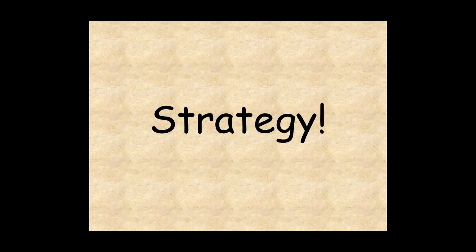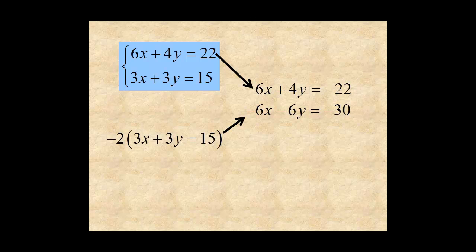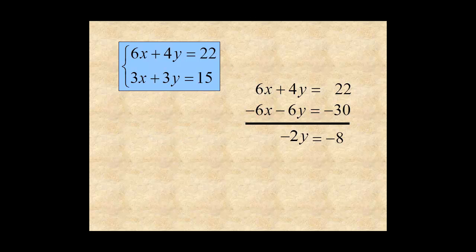When you use the elimination method, develop a strategy to eliminate whichever variable is the most convenient. In the first example, one equation was changed. The second equation was multiplied by -2, so that when the equations were added together, the x variable was eliminated and you solved for y.